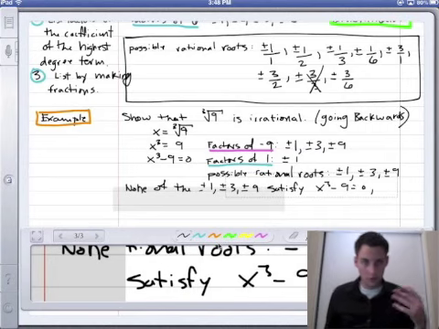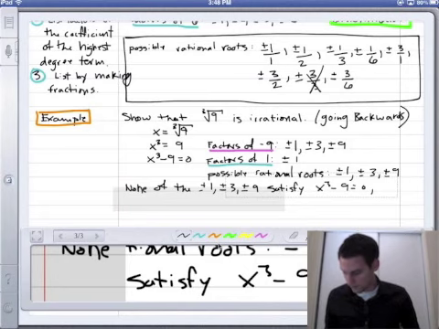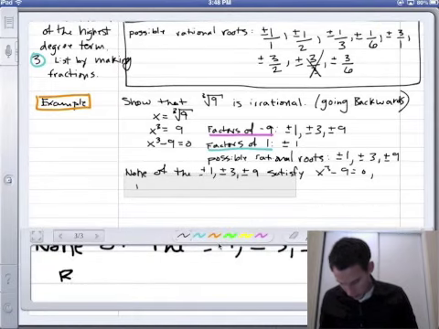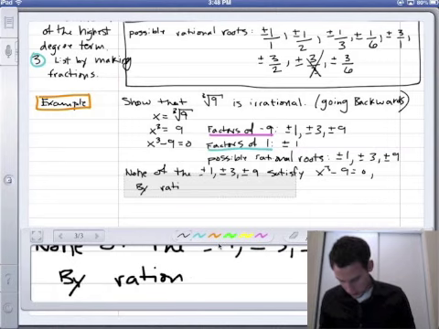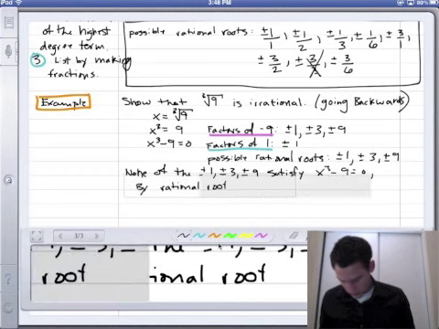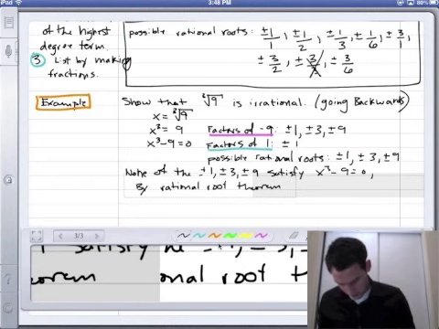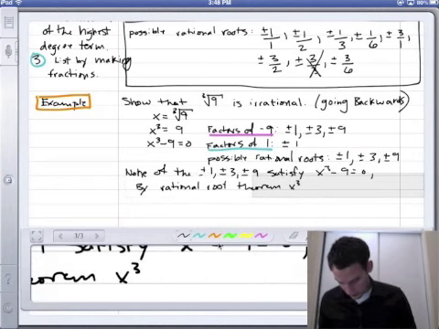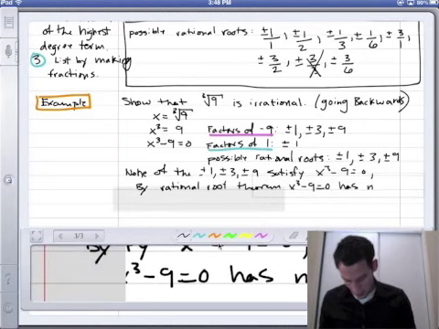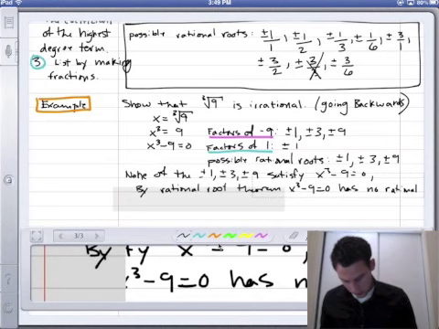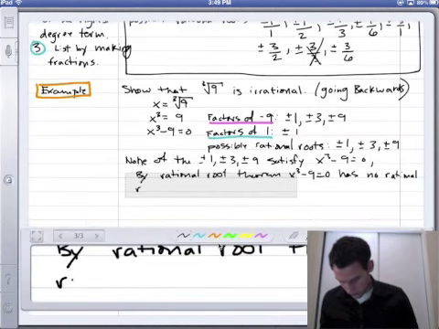So, by the rational root theorem, x cubed minus 9 equals 0 has no rational roots.